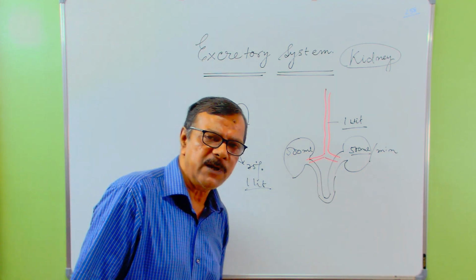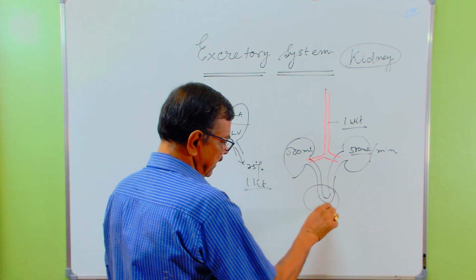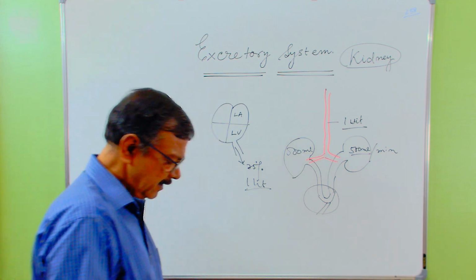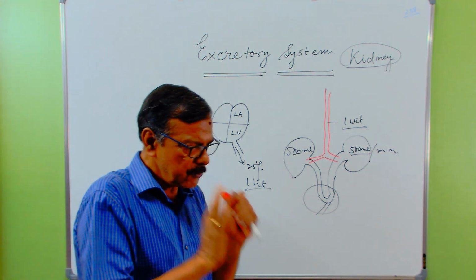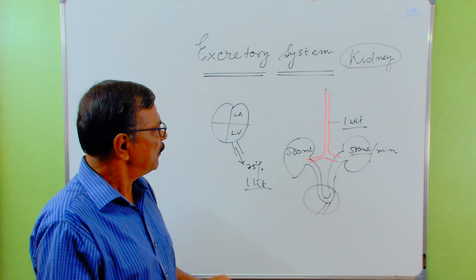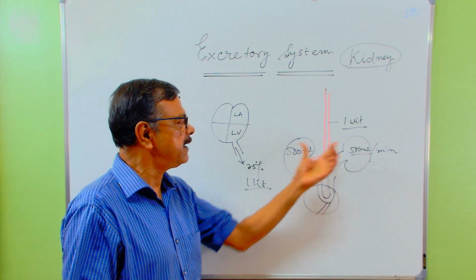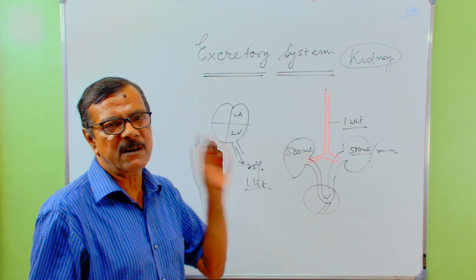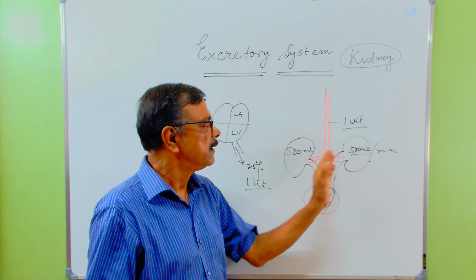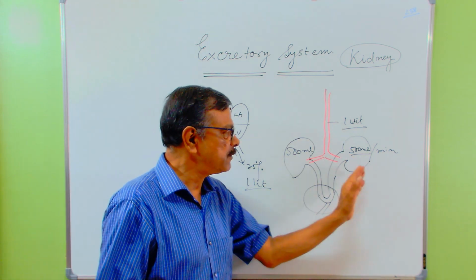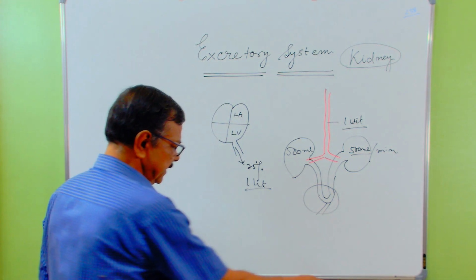This comes through the urinary bladder and then the urethra. So first we should know how much percentage of blood goes to the kidney per minute. It is 25% of the left ventricular output that goes to the renal artery and is supplied to the 2 kidneys in our body. Number 1.